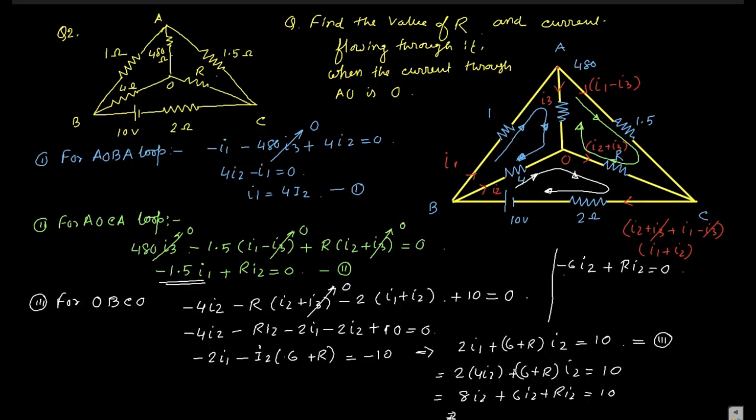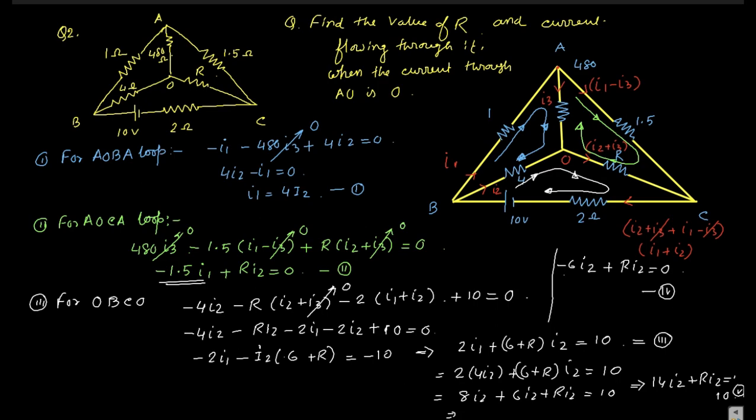Here you can say that 14I2 plus RI2 is equal to 10. Okay, this is equation 4 and this is equation 5.